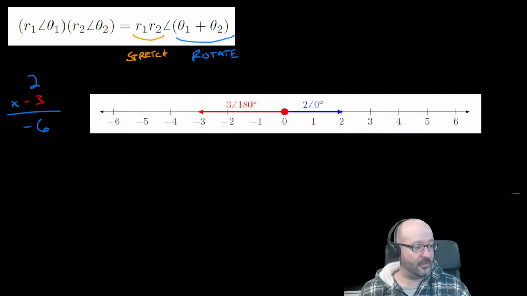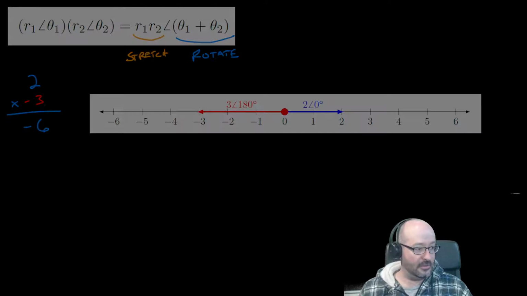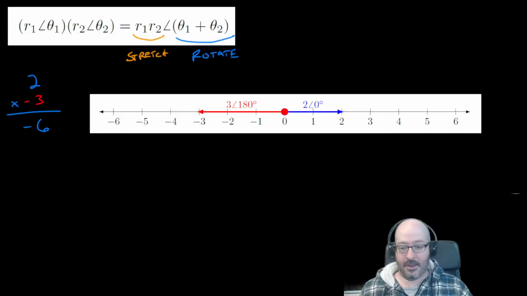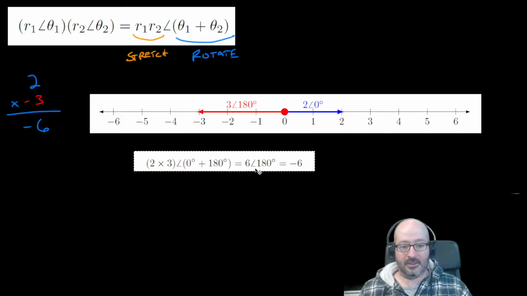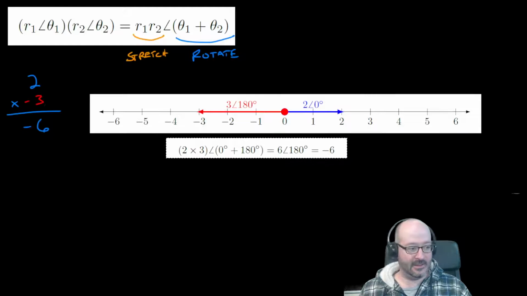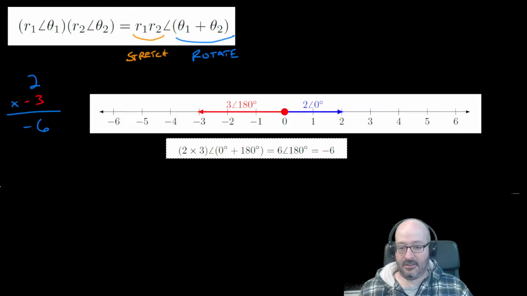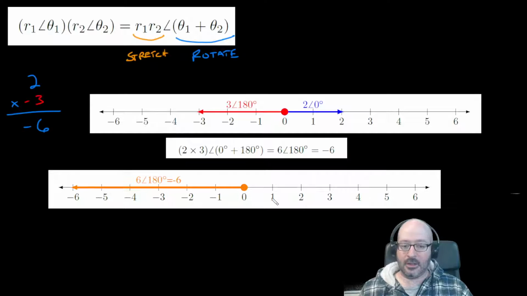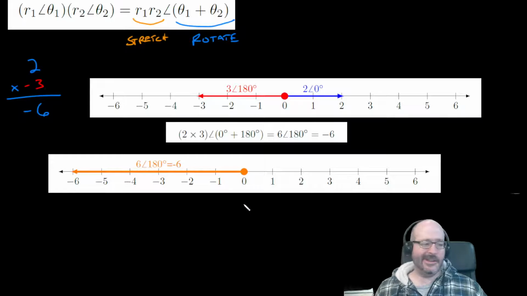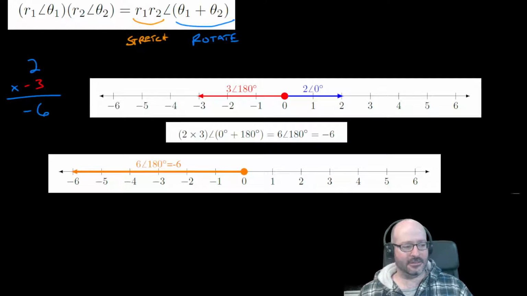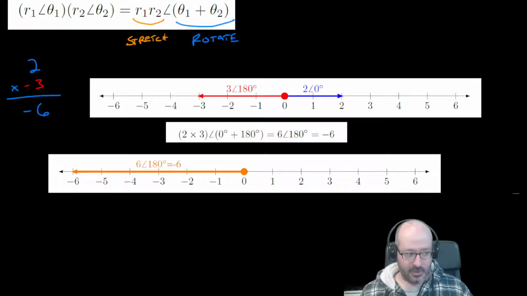So if we do that operation using the more general form up here, we end up with 6 at an angle of 180, which is equal to -6. So we might think of that on the number line in this way. All along, this whole negative times a positive, negative times a negative and all that stuff is really just stretching and rotating.